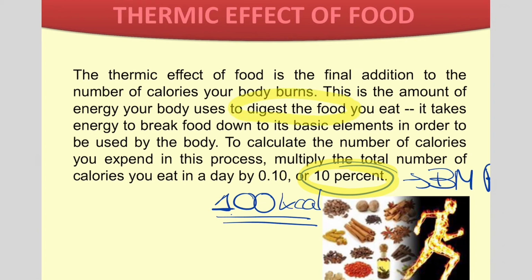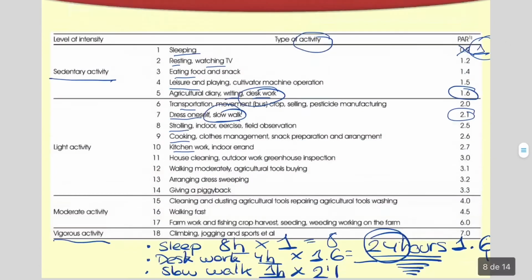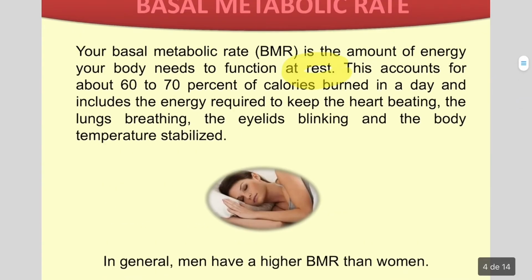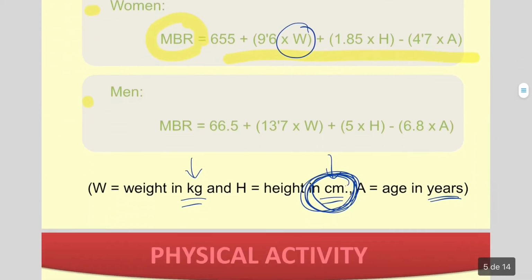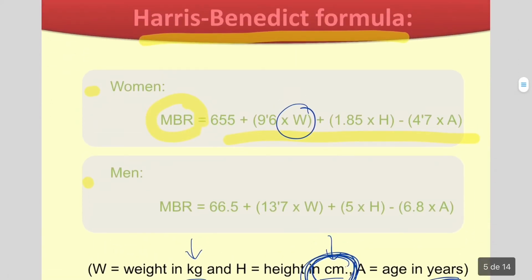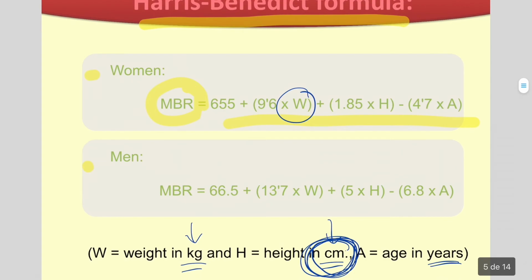So once again I'm going to repeat the three factors that affect the energy we consume each day. The first one will be the basal metabolic rate, that is the energy we consume to function at rest, and we use the Harris-Benedict formula to calculate the calories.